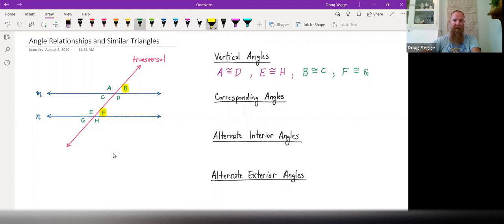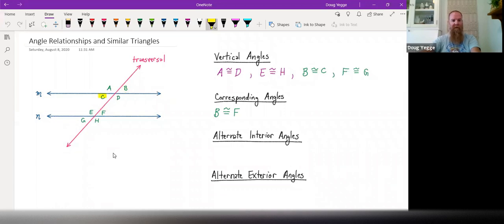So we could see that B is congruent to F. But we could also see that there's a couple other corresponding angles.